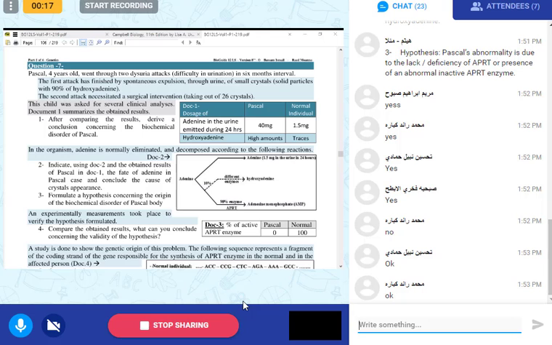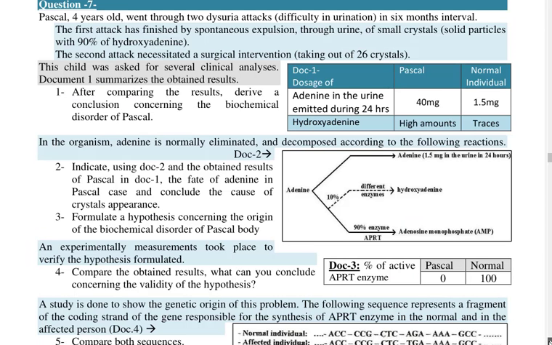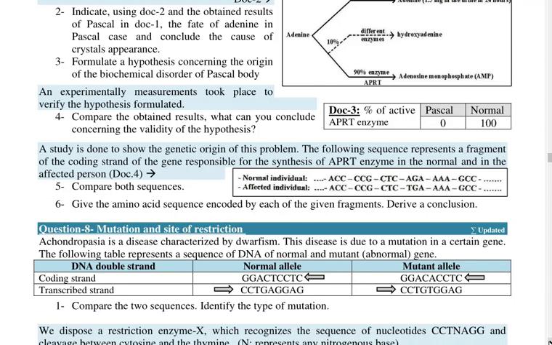Okay. Let us continue, Jana. Okay. And experimentally, measurements took place to verify the hypothesis formulated. Okay, we want to check if your hypothesis is correct or not. So what we did, look at document 3. Now, what do we have?